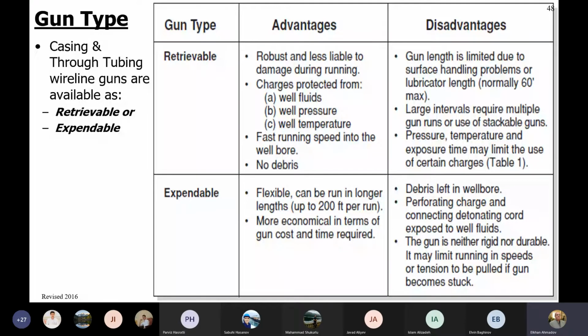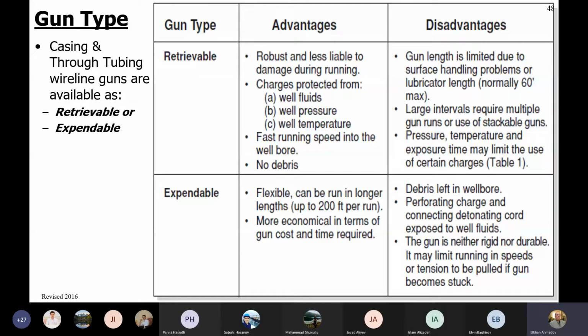We don't have flexible modules like expendable charge capsules, and there is no debris because once we shoot those charges, all debris stays in this hollow carrier.